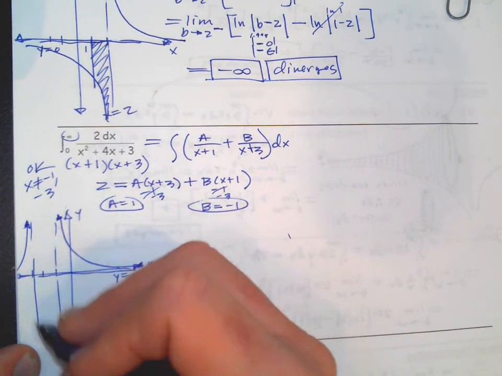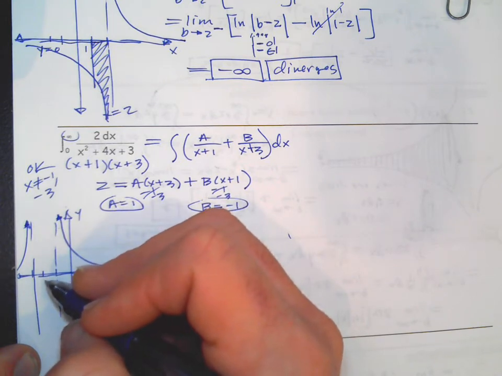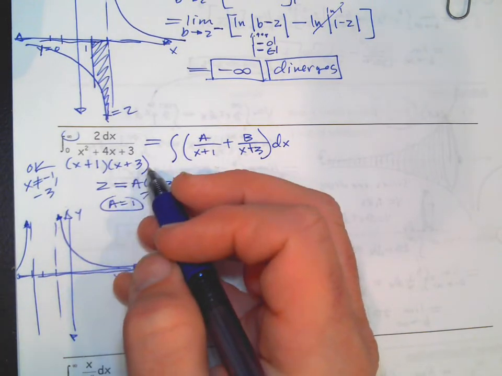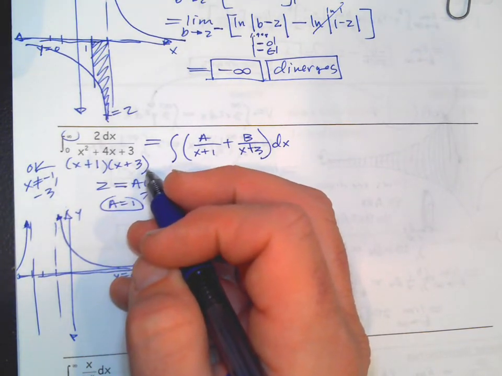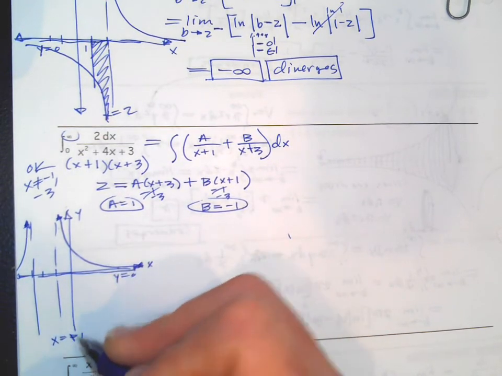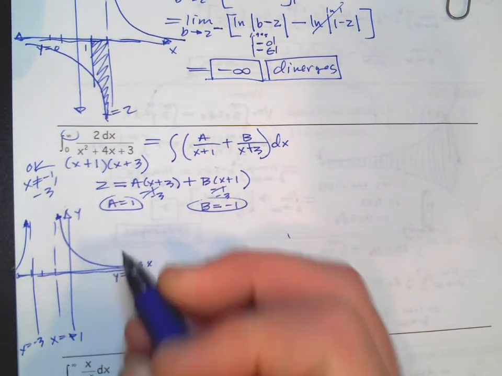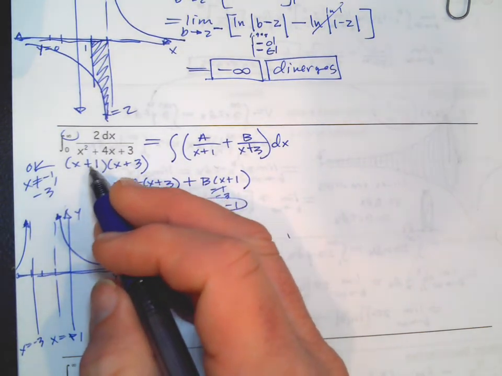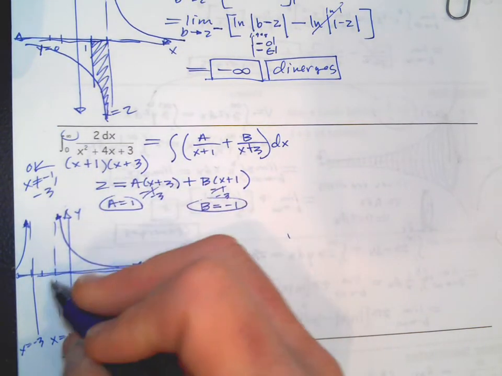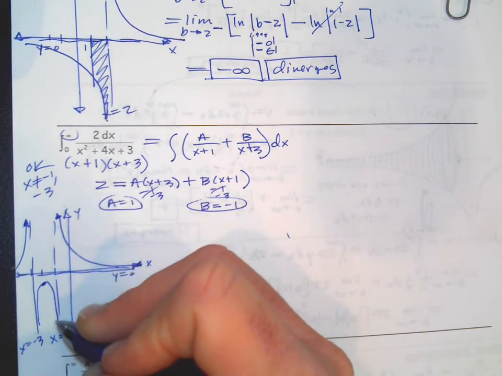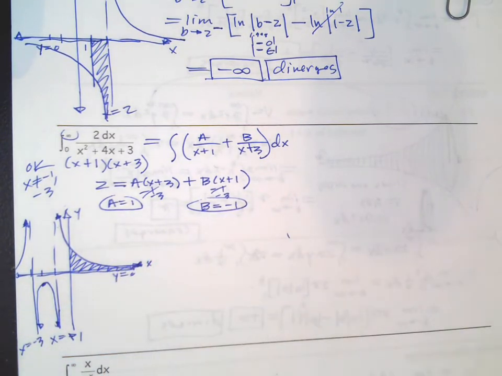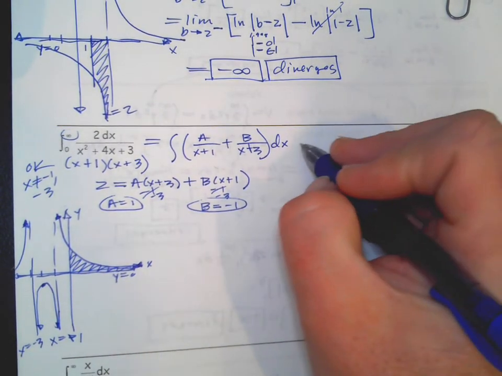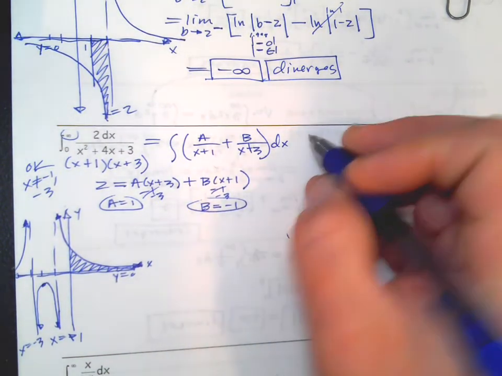And usually in here it does something else, like if you plug in a negative 2, it's going to be negative 1 times positive 1, it's going to be negative 1. So it kind of does something like this. But we're just interested in this problem in integrating all of this right here. So no infinite discontinuities.